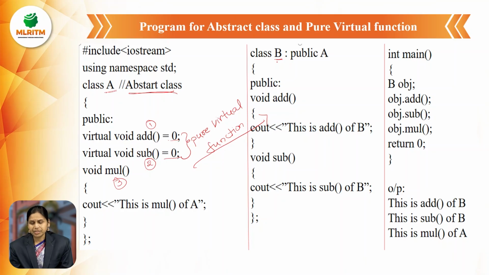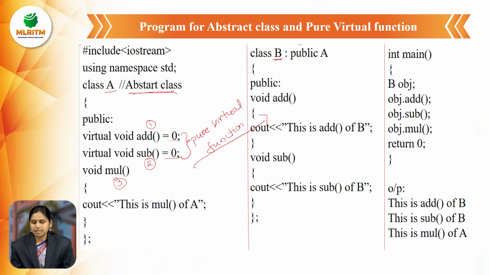Now the child class is created. It is inherited from base class A. These add and sub functions are defined in this child class. In the inheritance concept, the object is always created only for the child class.